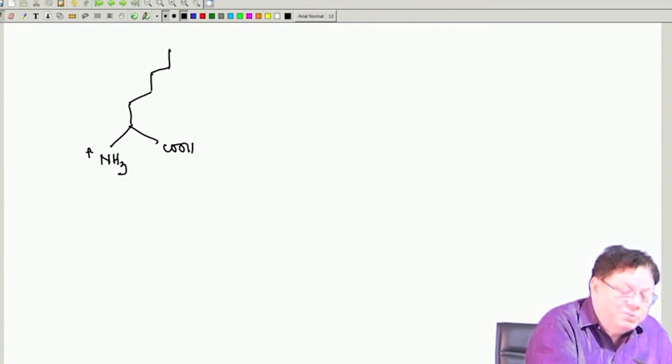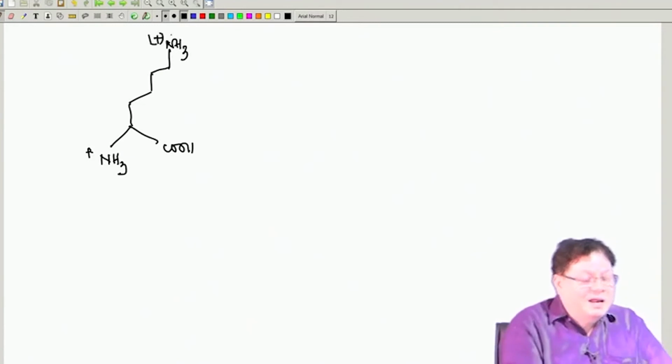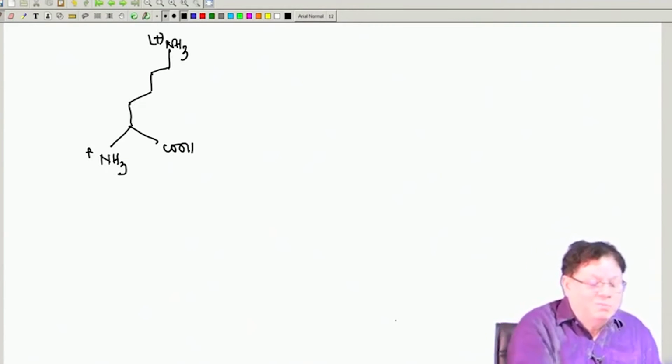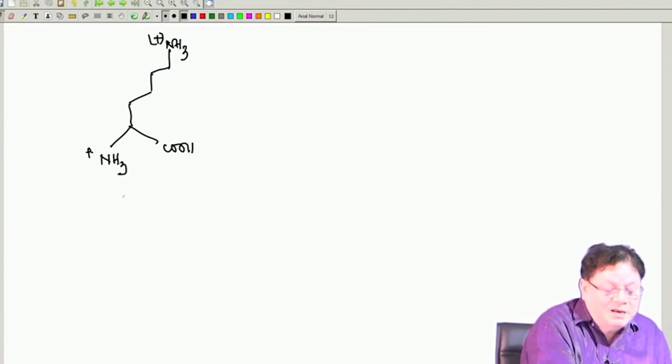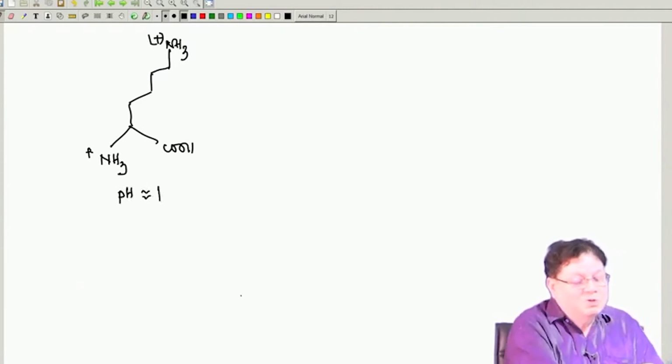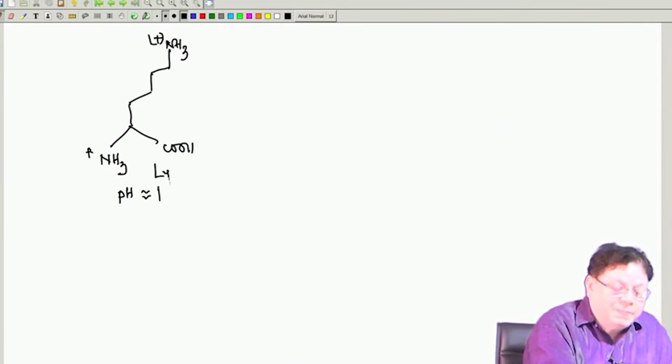let me count the carbons: 1, 2, 3, 4, 5, 6, 7. So, this is NH3 plus, this is the lysine in the fully protonated form. When pH is, say, approximately 1, lysine will be present in that form.